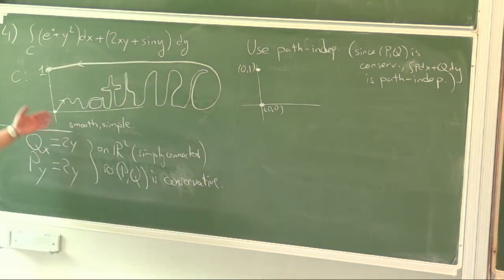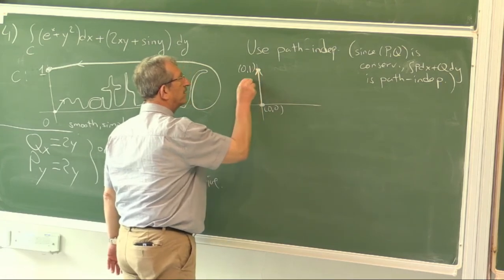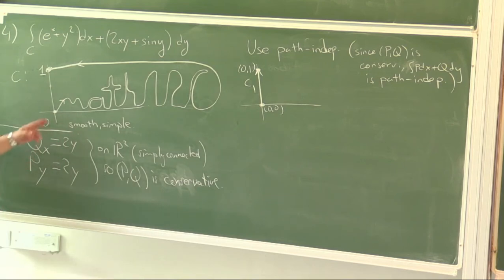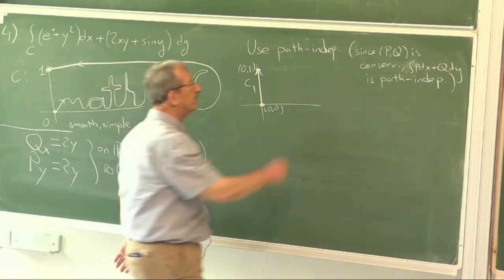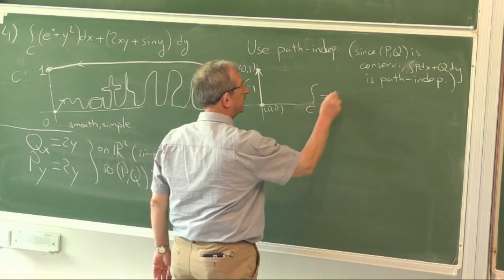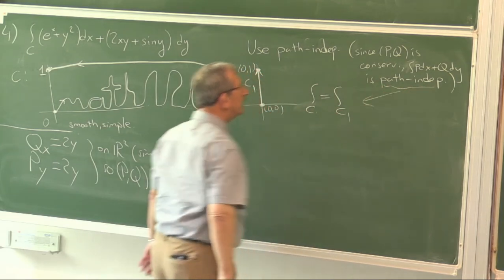Well, of course, this is a nice path. Maybe it may have a meaning, which is very mysterious, but, okay, an easier path clearly is this one. Okay. So, going from 0, 0 to 0, 1, I don't have to use the given path. Instead, I can use this one, okay, namely the integral over C is the integral over C1 by path independence.